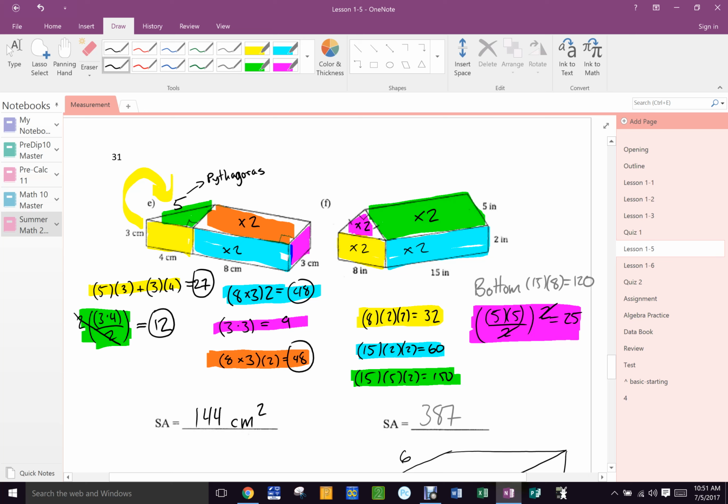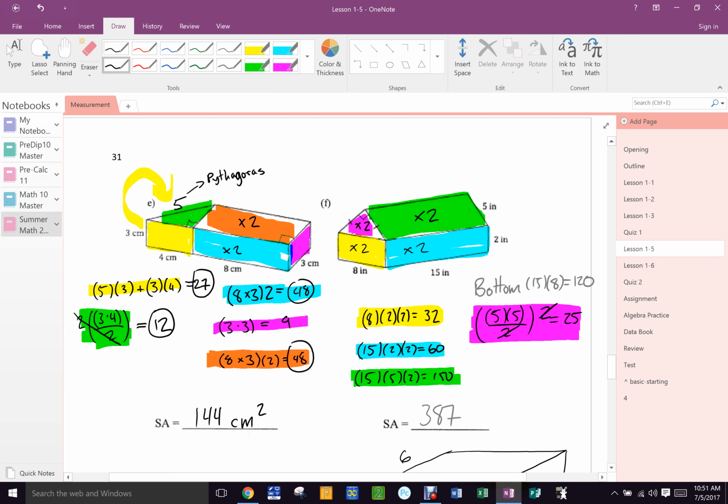Is everybody okay with the triangle part? Okay, now I come over to here, and before I do any math, I look at it and I say, what do I need? Well, that top, I know there's 2 of them, and it's 8 by 3, and there's 2 of them, so I did that in orange. It shows up as red up there. I look at this, and I know there's 2 of them. 8 by 3 again.